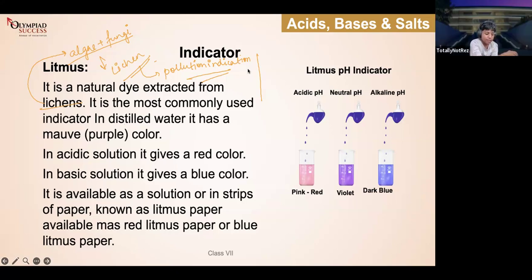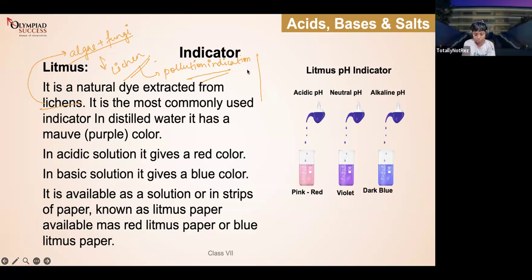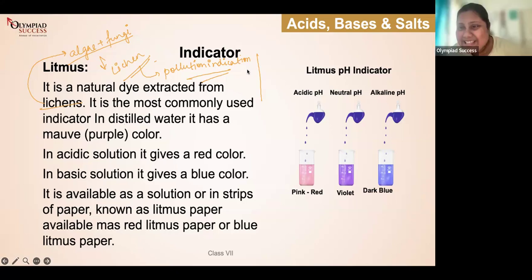Litmus paper is one of the most surprising natural indicators, like this blue litmus paper and red litmus paper. It looks so synthetic. Yes. So now you're clear about lichens. Lichens are a biological entity formed by the association of algae and fungi, and lichen will never grow in polluted places.